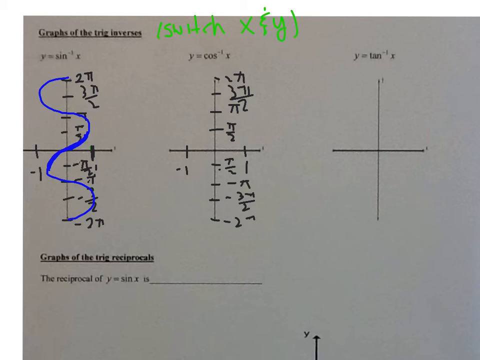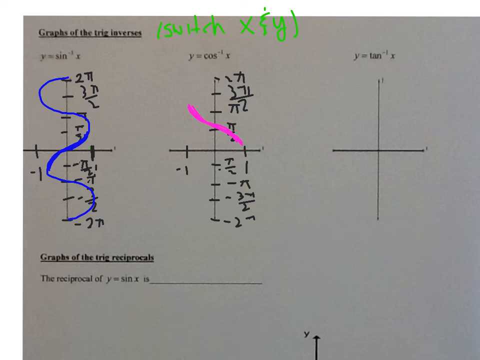Okay, so it looks like this. That's kind of like what you see on your calculator. Again, your calculator only graphs functions, so it's not graphing the entire graph that it should be. It's only graphing a piece of the function.